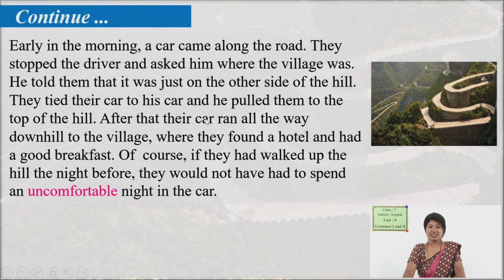After that, their car ran all the way downhill to the village, where they found a hotel and had a good breakfast. Of course, if they had walked up the hill the night before, they would not have had to spend an uncomfortable night in the car.